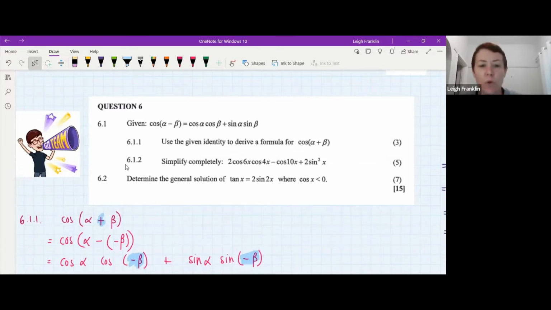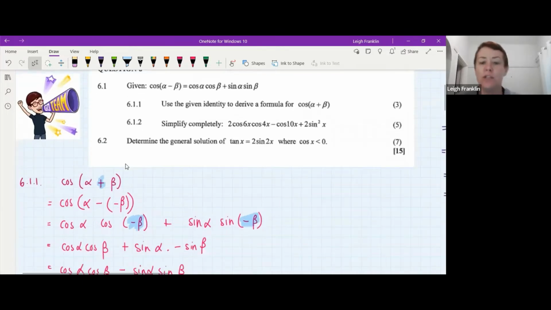with these particular questions, what they're asking you to do is show where the compound angles come from. In other words, why does cos alpha plus beta equal cos alpha cos beta minus sine alpha sine beta? All right, that's what they're basically asking us to do. So these are almost like proofs that you would have to study and learn.